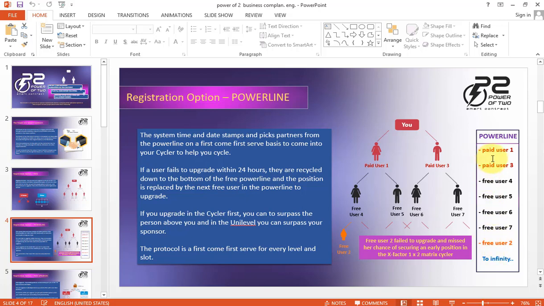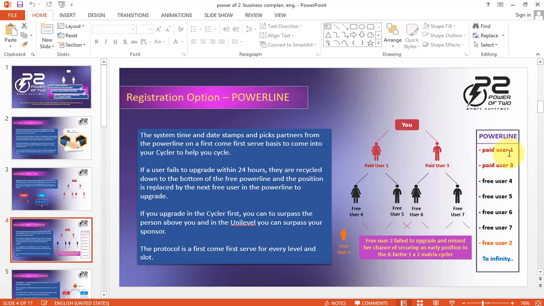So free user 2 was given an opportunity to upgrade, whereby he or she failed. As she failed, she is being placed back into the POWERLINE, and this time she went to the bottom of the POWERLINE, which is a shame.